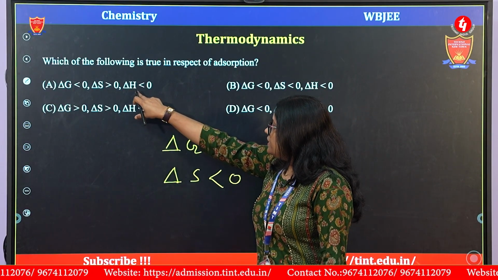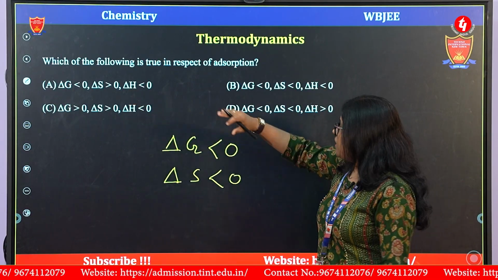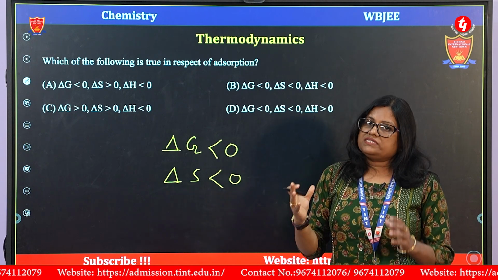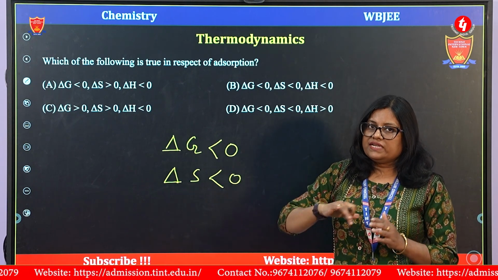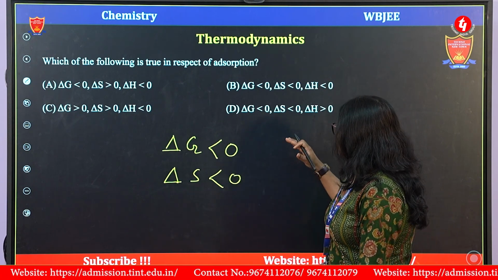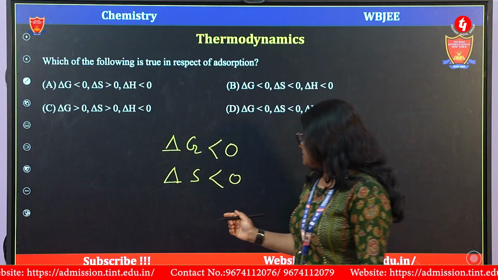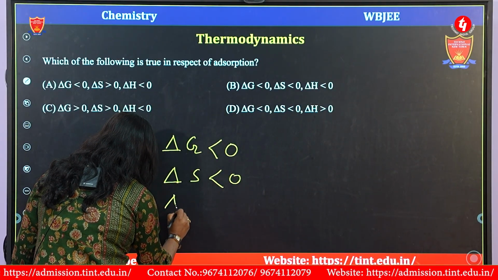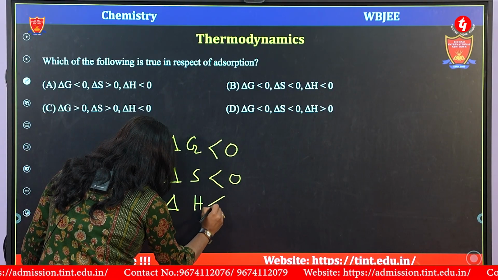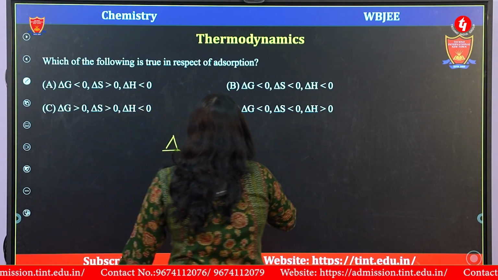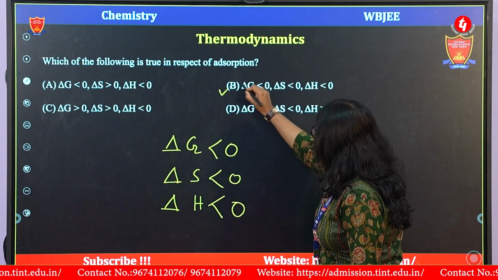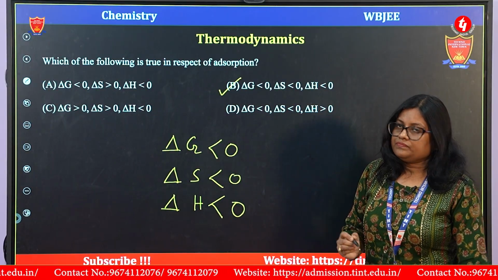And delta H, again after adsorption bond gets stabilized, so it releases energy and the process is exothermic, that is delta H is negative, less than 0. So, option B is right.